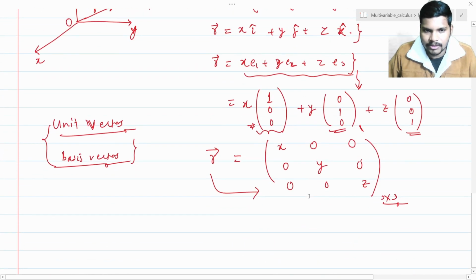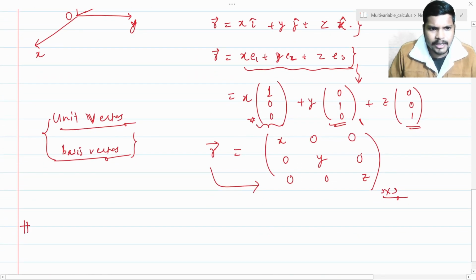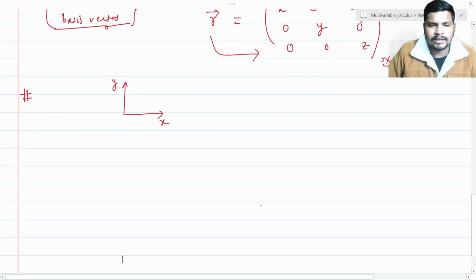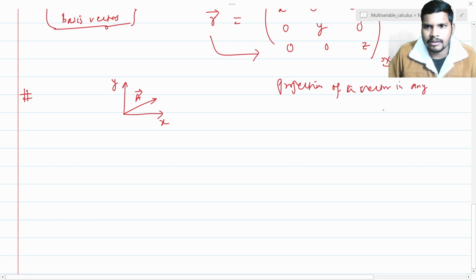So this is one thing. Another important thing is, let us consider that I am in two dimensions, x and y, and I have some vector. Now we can take a projection of any vector in any basis.